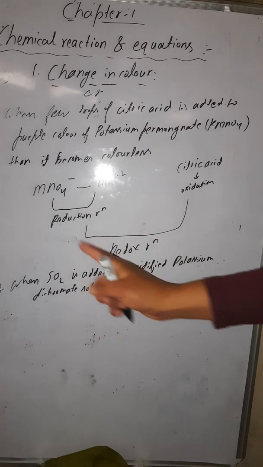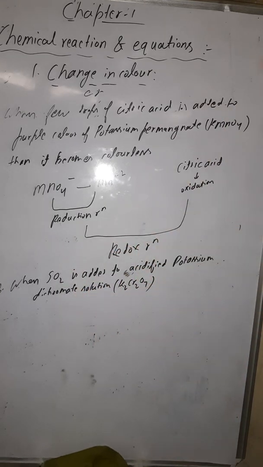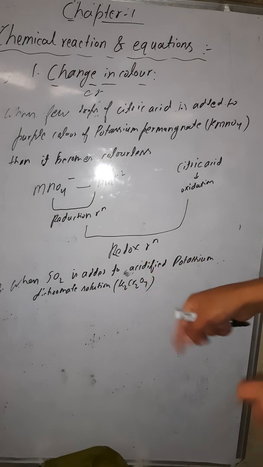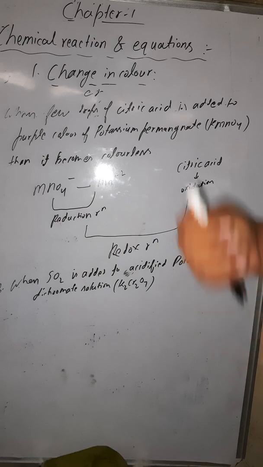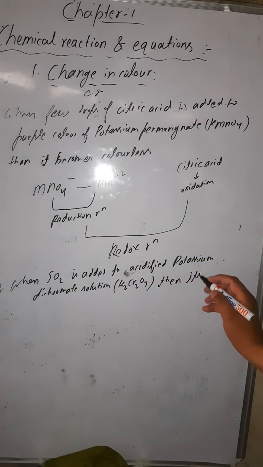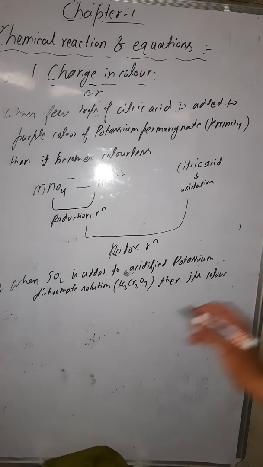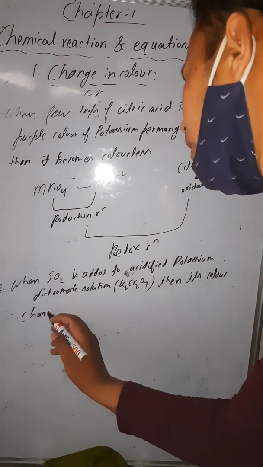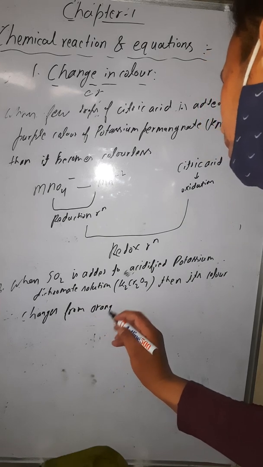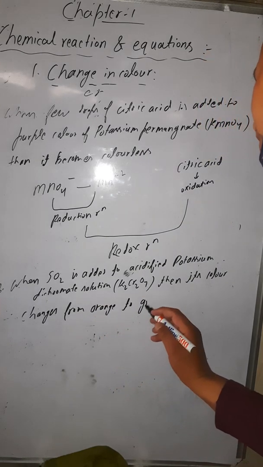So when sulfur dioxide is added to potassium dichromate solution, what is the color of the potassium dichromate? Its color is orange. Now it is changing into green. So when you are adding sulfur dioxide to a solution of potassium dichromate, its color changes from orange to green.